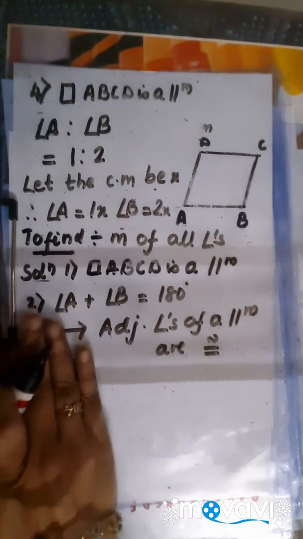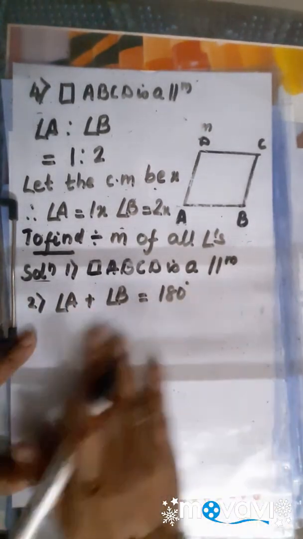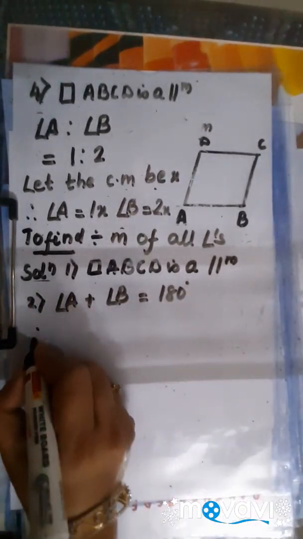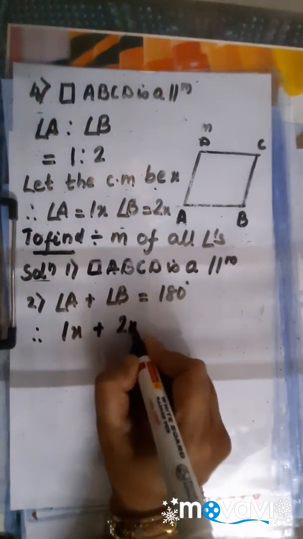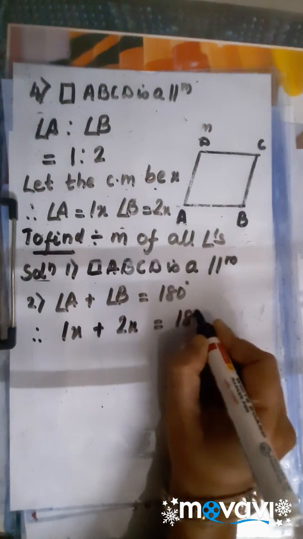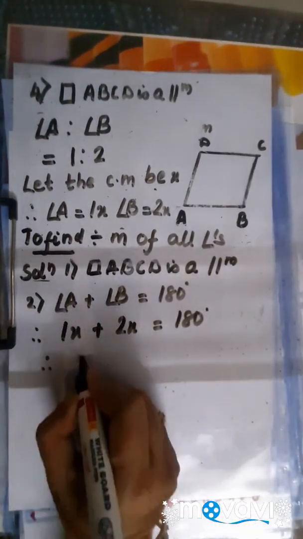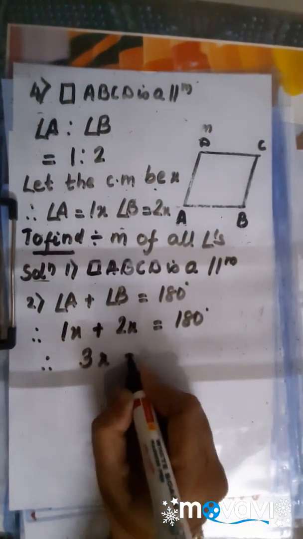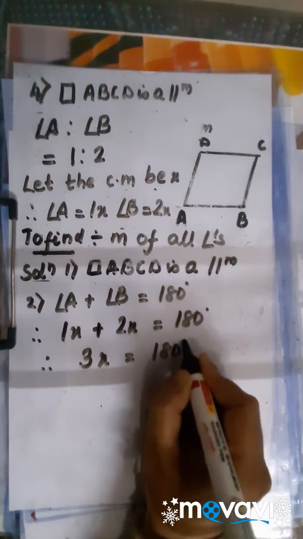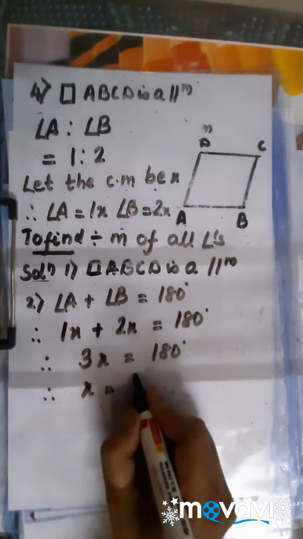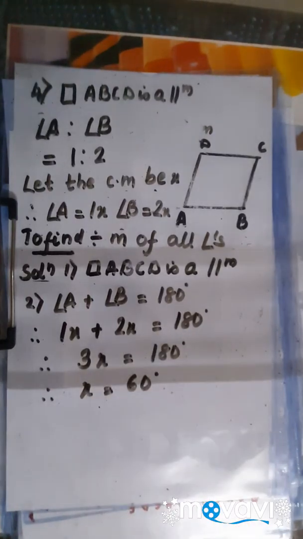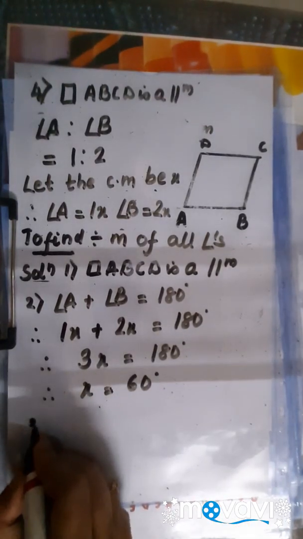I am rubbing it because of availability of space. You have to write it up. Therefore, 1x plus 2x is equal to 180. Therefore, 3x is equal to 180. Therefore, x is equal to 180 upon 3, which is equal to 60 degrees.